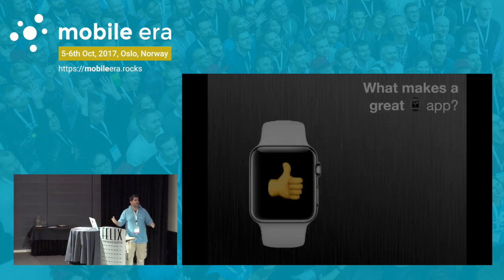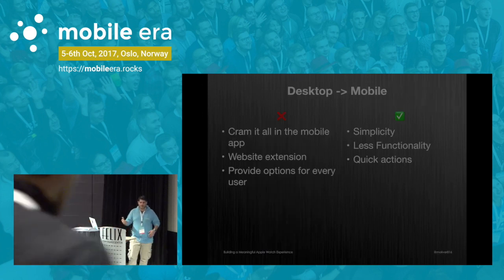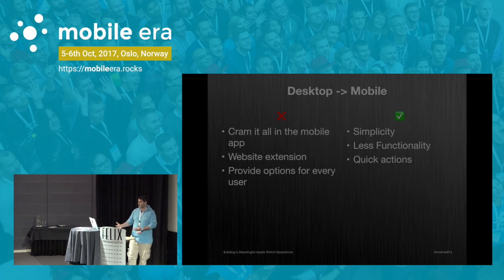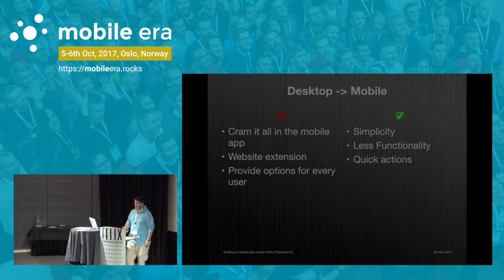All right, so let's start by just talking about what makes a great watch app. And I think in order to frame this conversation, it's helpful to talk a bit about the course of mobile development as it started in general. When mobile development really started, this transition from desktop to mobile that happened, there was a fair amount of evangelizing that had to be done early on.